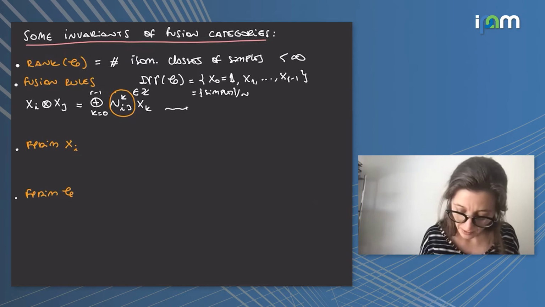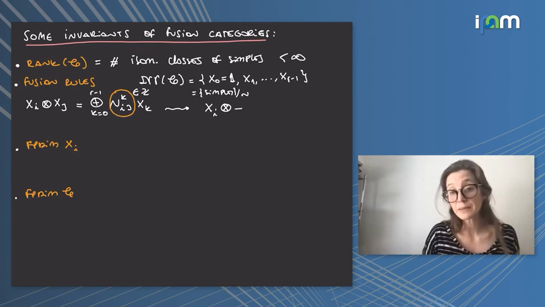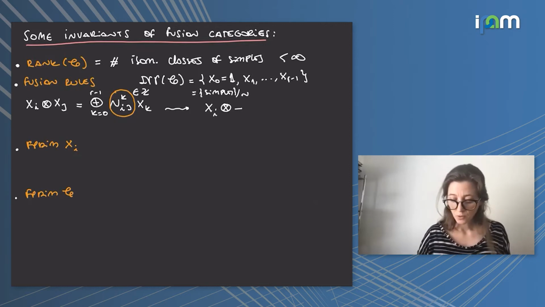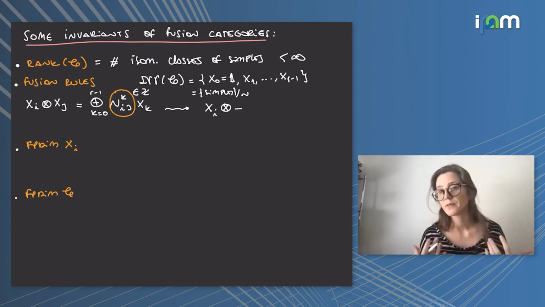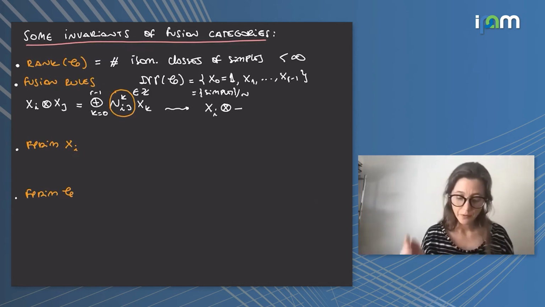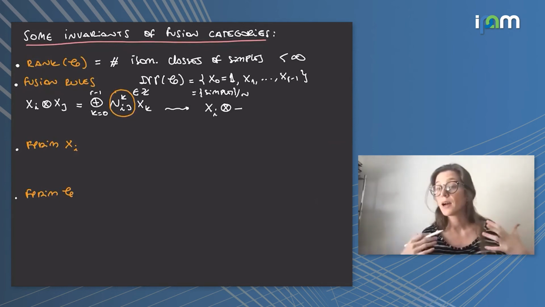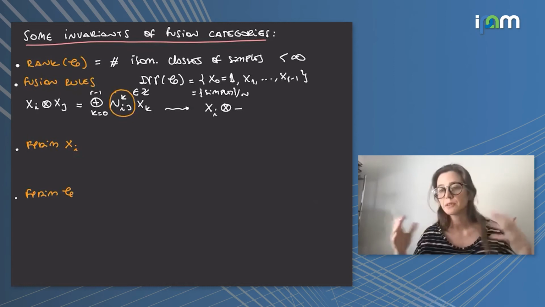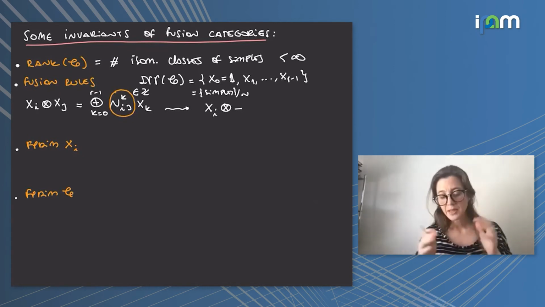And using this, I could look at the matrix of multiplication by one of the simples. The simple objects are the basis for my Grothendieck ring. So I could think of forgetting for one minute the extra structure that I have in the category, all these natural isomorphisms telling me how my parentheses change and these kinds of things.